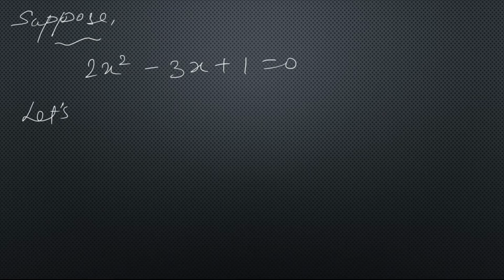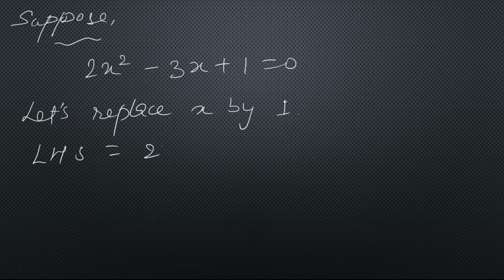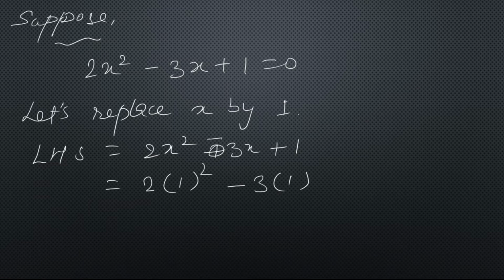let's replace x by 1. Okay, so what is LHS? It is equal to 2x square minus 3x plus 1, right? What will happen? 2 into x we will replace by 1, minus 3 into 1 plus 1, right? So you know square of 1 is 1, so 2 into 1 minus 3 into 1 plus 1.